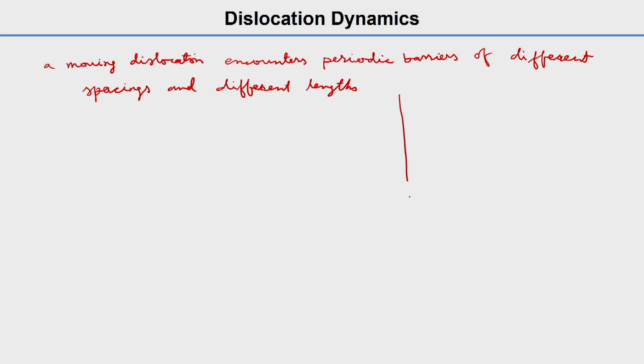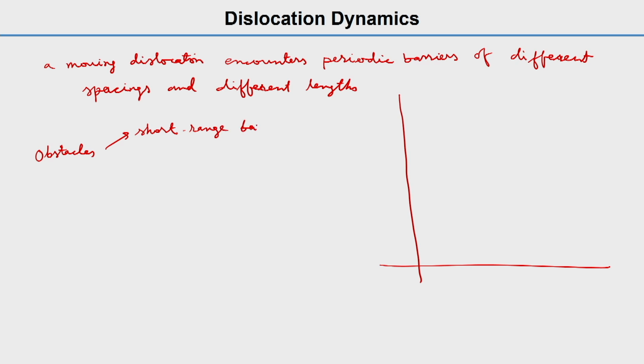There can be two types of barriers, so there are different types of obstacles or barriers. First we can classify them as short range barriers or obstacles, and then another one is long range obstacles.